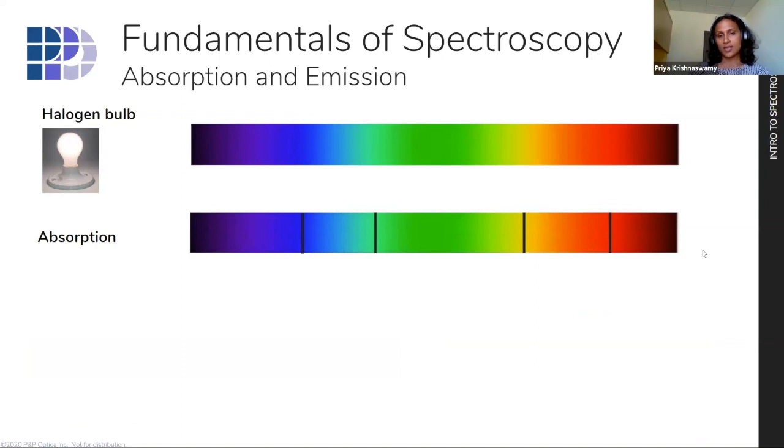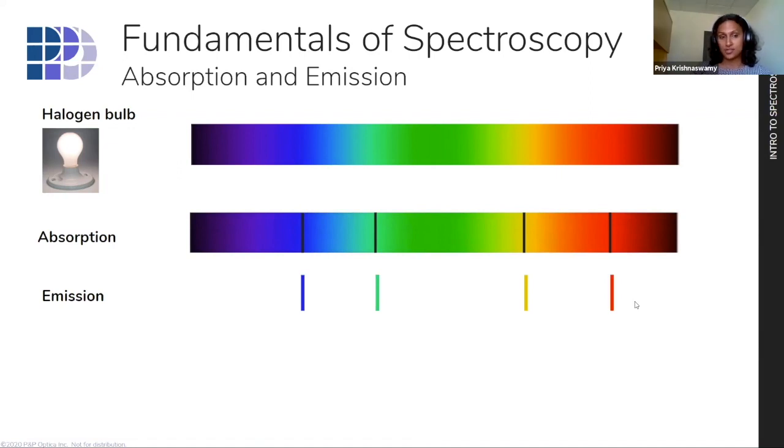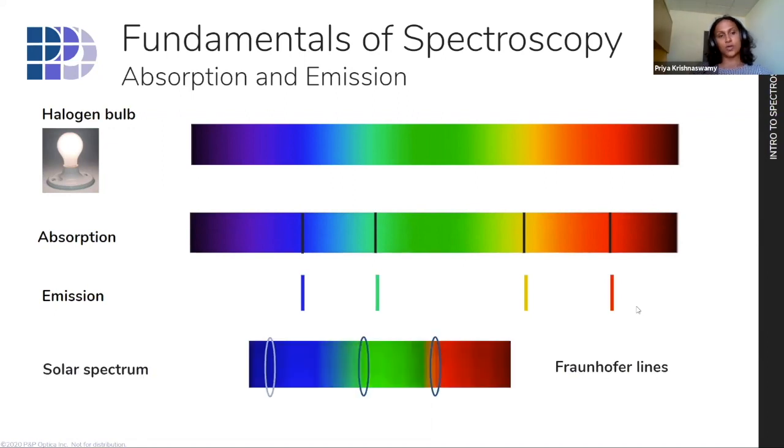If you take that element and bombard it with enough energy or enough electrons, it would emit light in just those specific bands. The beauty of this is that every element has its own signature, and once we understand what the absorption and emission spectrum is, we can go back and deduce its chemistry.